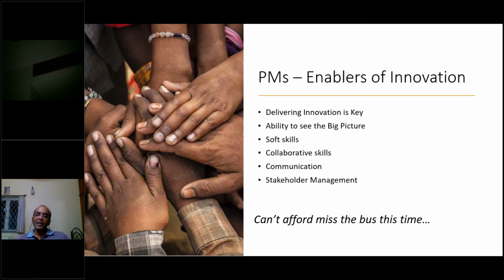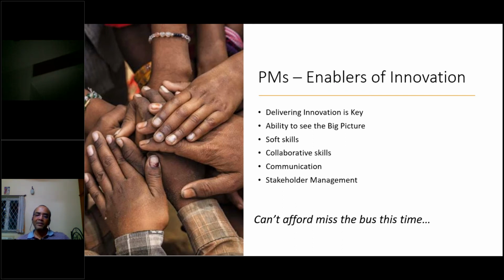Because when it comes to collaboration and innovation, there are several stakeholders and several people involved. They have egos, and the way academia thinks, the way startups think, and the way industry thinks is totally different. So somebody who has the skills to bring them all together is what a successful project manager really does.